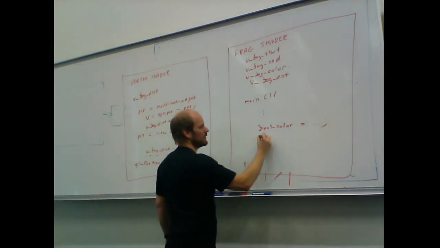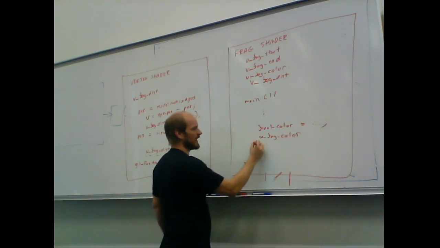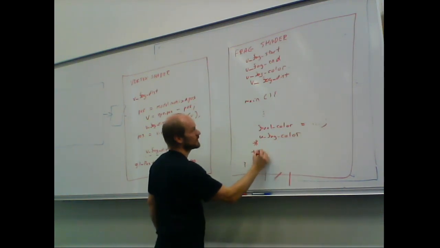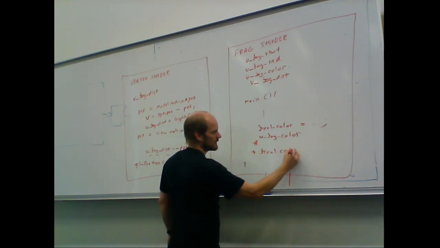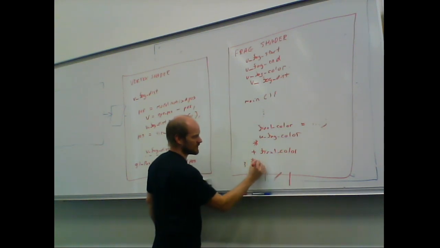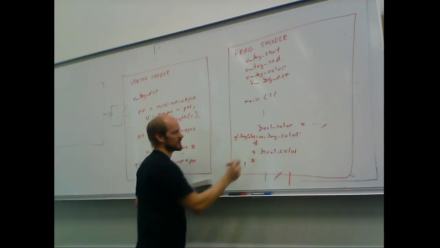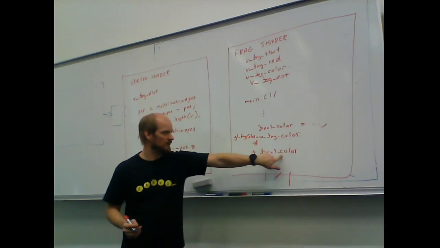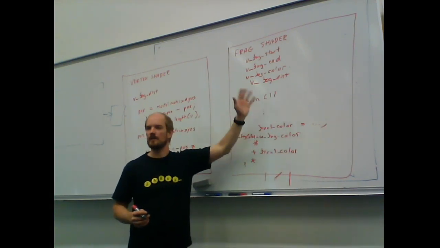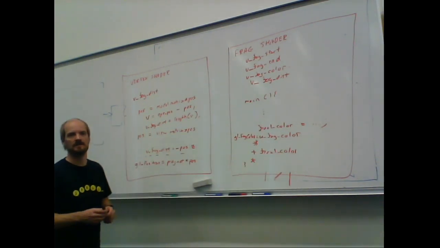I'm going to say u_fog_color times something plus my final color times something, and I'm going to say then gl_FragColor equals this. gl_FragColor equals my fog color times something plus my final color that I've calculated from the lighting calculations times something. So what are these factors going to be?